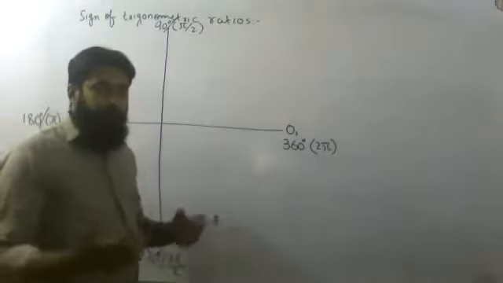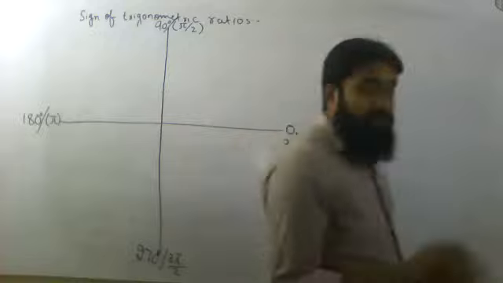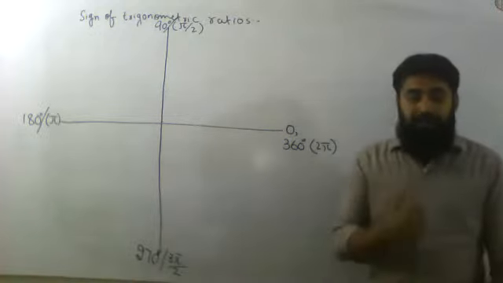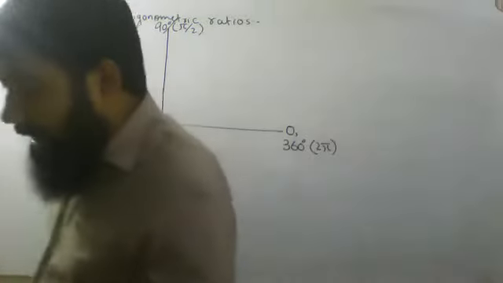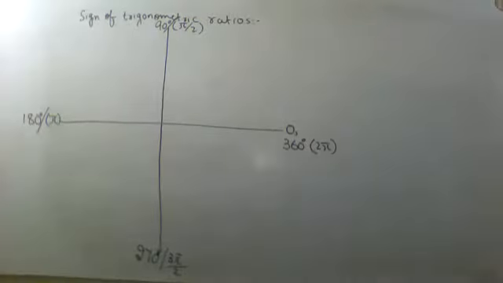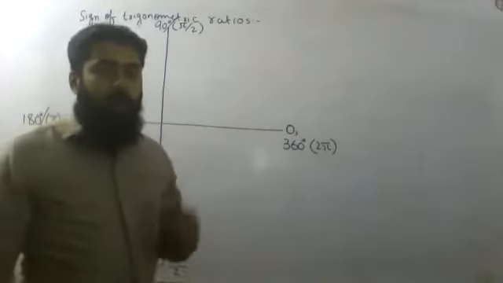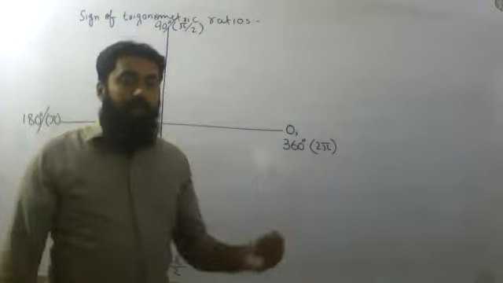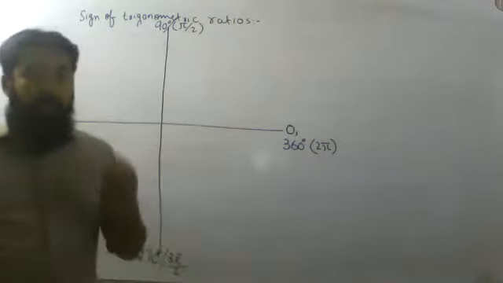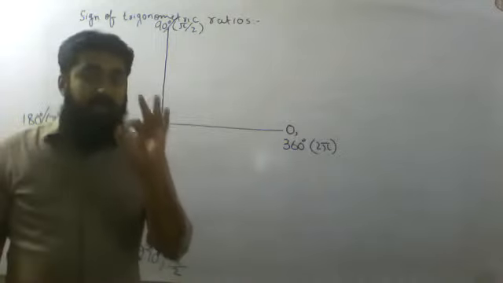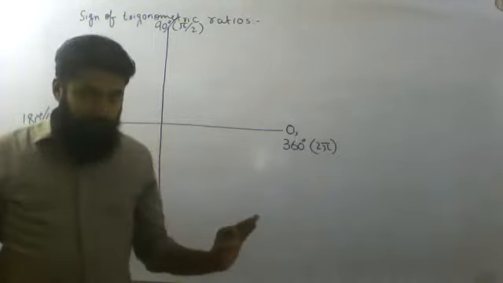You may have selected any number between 0 and 90. I haven't told you which number you have to select. You have taken sine, cos, and tangent for those values, and you can see the answer. Like if you have taken sine 45 degree, or cos 30 degree, or tangent 17.895 degree, any one, you can see the answers are all coming positive.